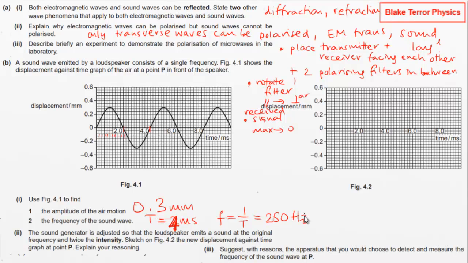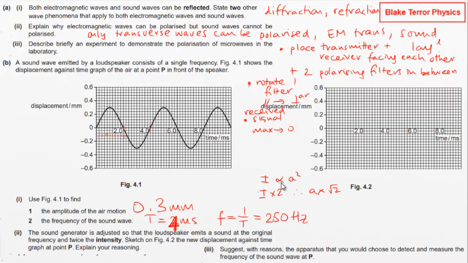The sound generator is adjusted so the loudspeaker emits a sound at the original frequency plus twice the intensity. Sketch a new displacement against time graph. Explain your reasoning. So intensity is proportional to amplitude squared. So if the intensity is times 2, then the amplitude is times √2 in order to keep that proportionality.